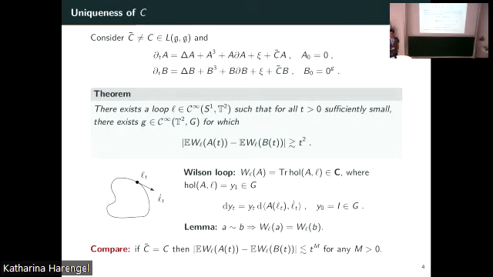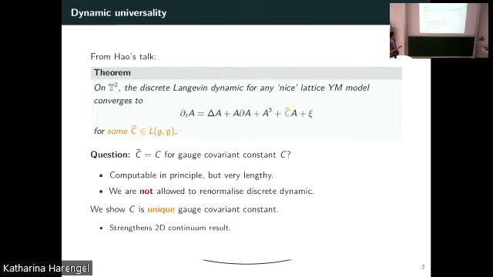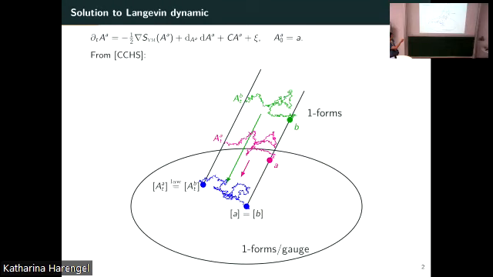So can I ask, yes. How does this compare with what Martin was talking about, that C and another C converge to a constant? I'm not sure I can answer how it compares, but this C here that we put into the dynamic is that constant that Martin was talking about. This C is the one that Martin alluded to that you can renormalize. So that's the relationship.